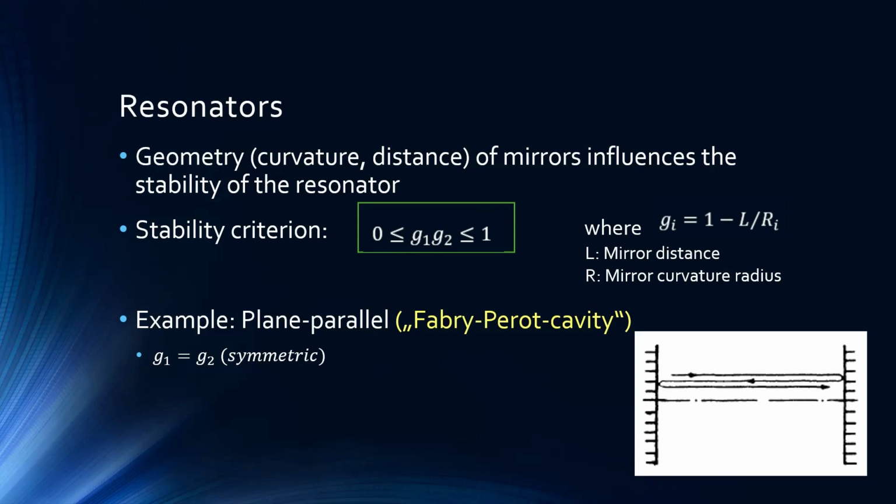Each mirror gets assigned a constant G, and that is 1 minus the distance between the two mirrors over the individual mirror radius of curvature. So you can think of a totally plain mirror, something like this.